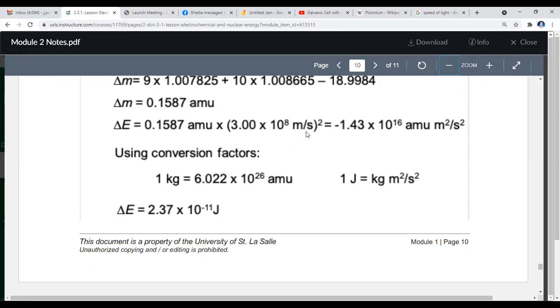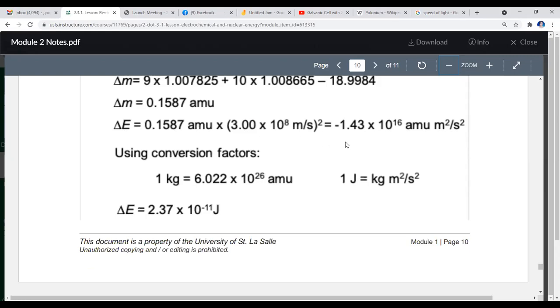If you wish to convert the atomic mass units to kilograms, this is the corresponding conversion, 6.022 times 10 raised to 26. And you can also convert the corresponding unit after you have changed the AMU to kilograms. You will now have units of kilogram meter squared per second squared, which can be converted to joules.